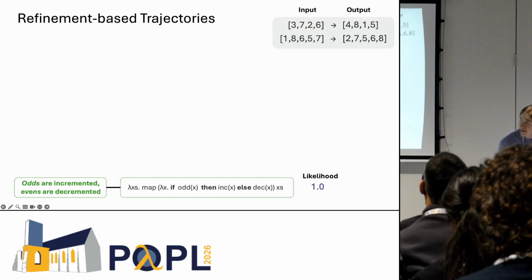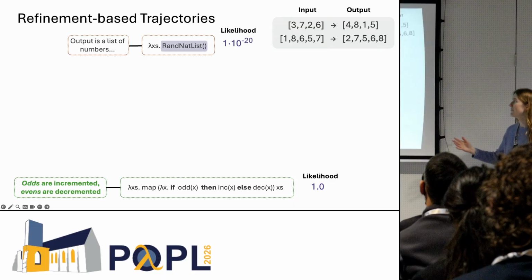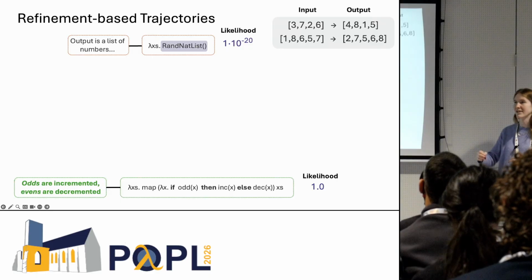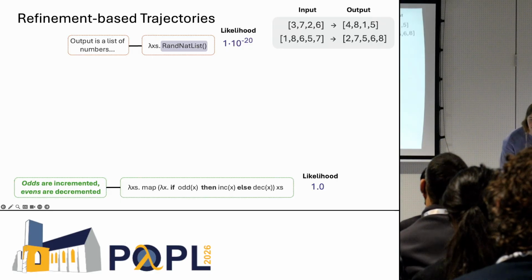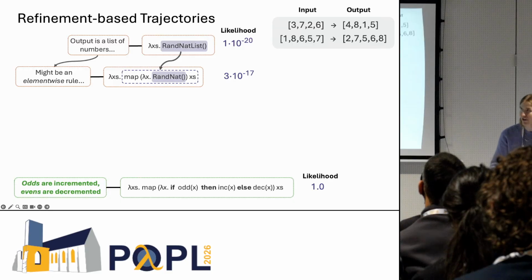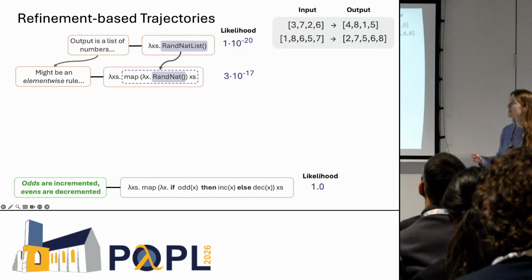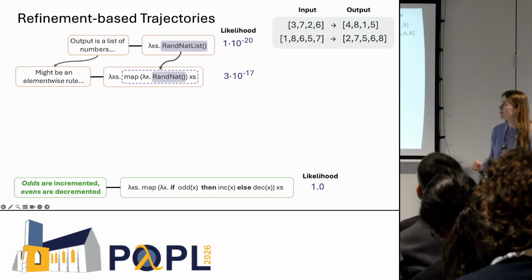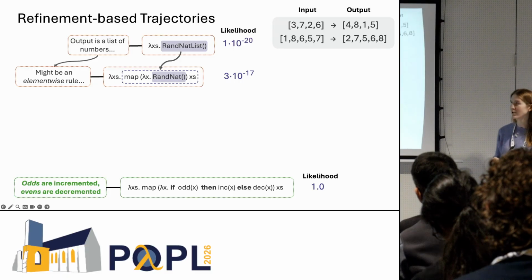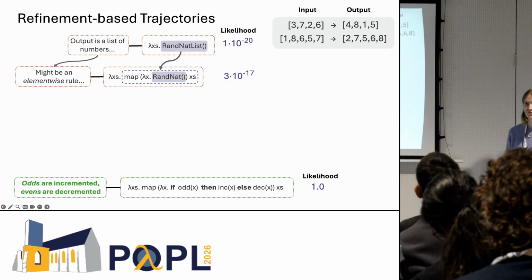And we might start with a very general hypothesis, like, oh, it's some random list of numbers, which, after wandering around a bit, there's a breakthrough of refining this to, say, a map over the input list that generates random numbers for each element.